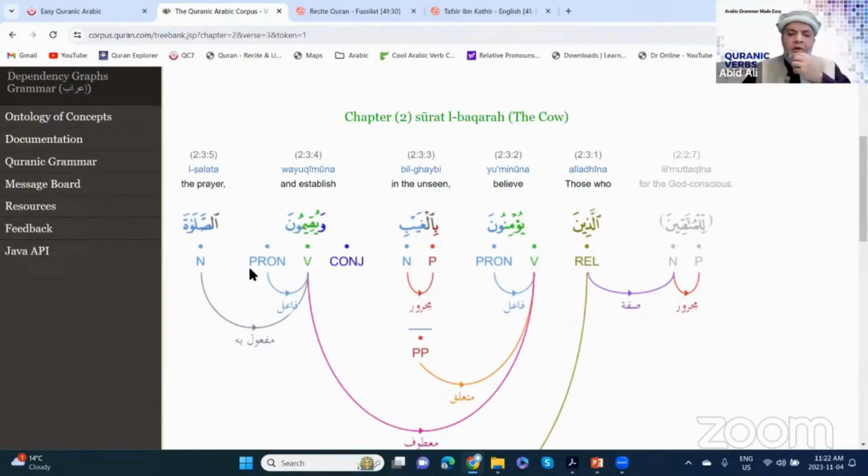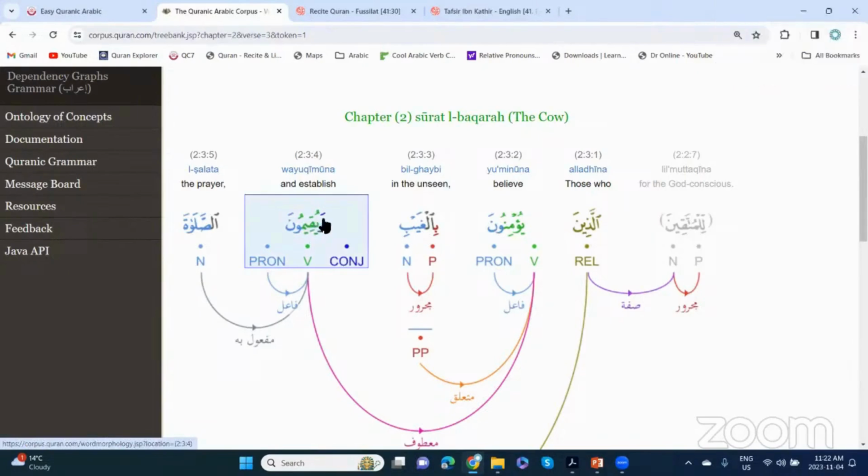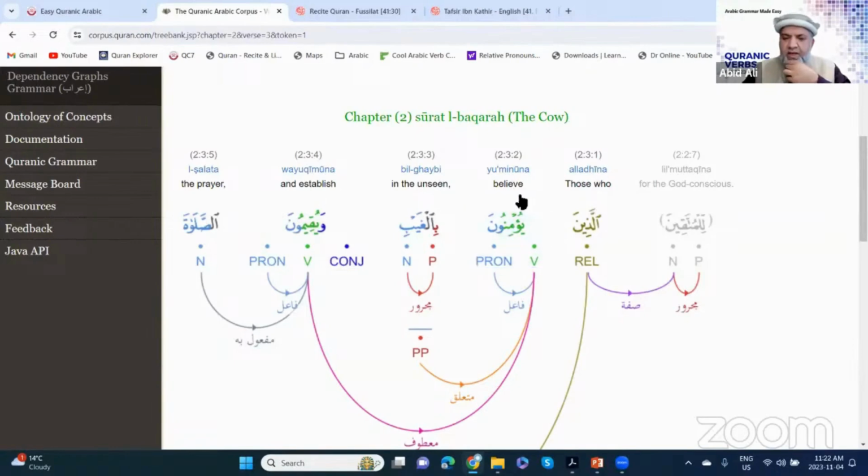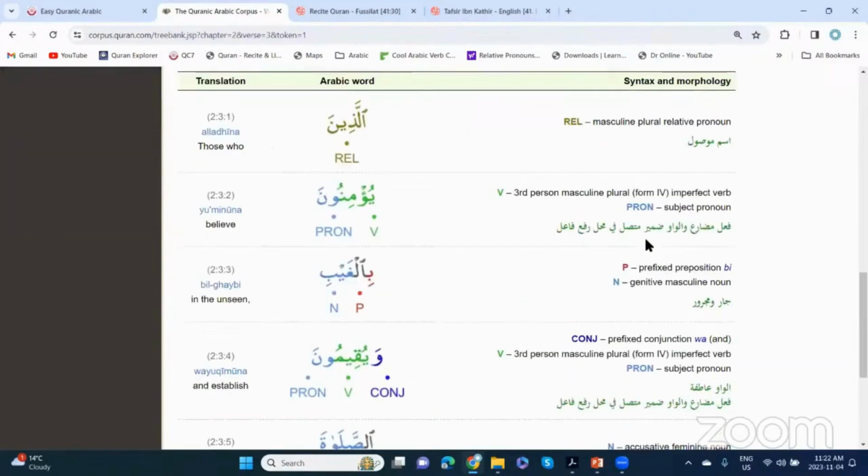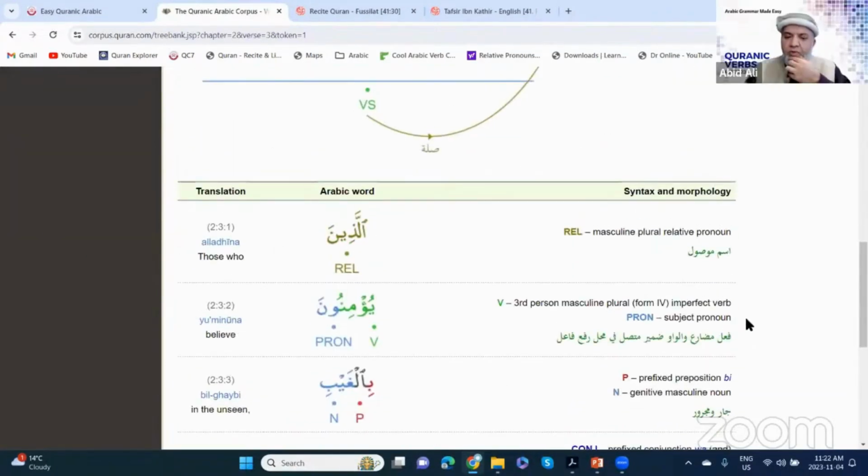What about yuqimuna? Is this also mudari? Yes. They believe and they establish, right? Are these present tense? Yes. Now, if you don't believe me, look at this. Third person means the ya, masculine, mudhakkar, plural is jam', and imperfect is present.